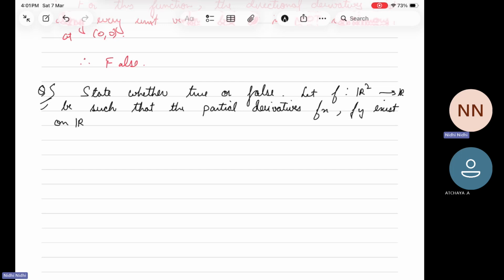That means fx exists for all (a, b) in R2, and similarly fy also exists for all (a, b) in R2.